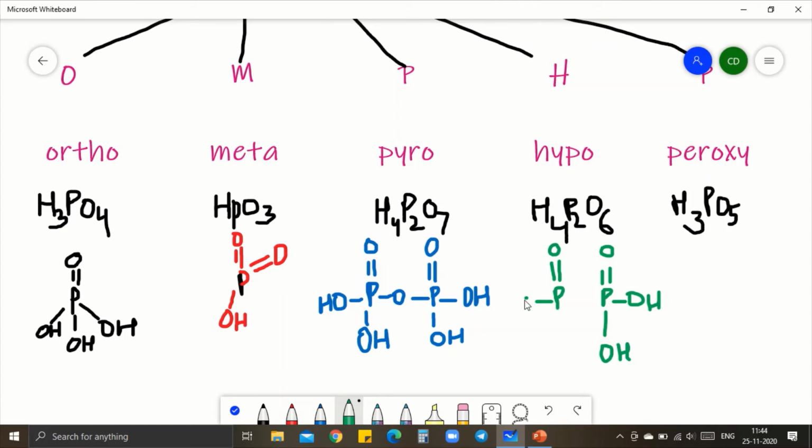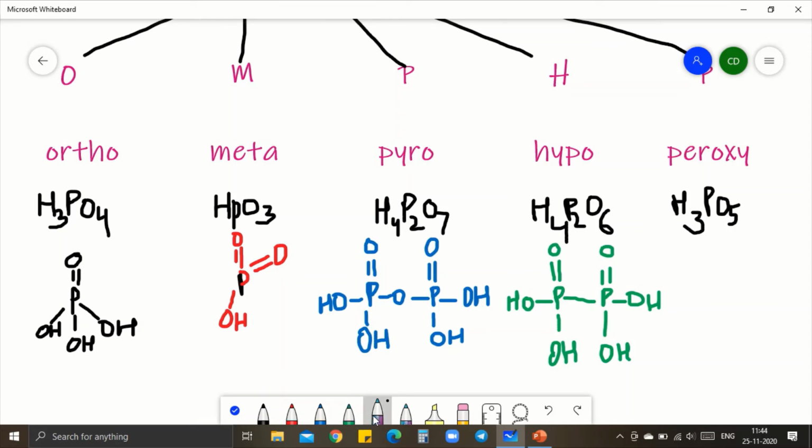For this phosphorus atom also, same like pyrophosphoric acid. So there are 6 oxygen atoms. So connect these to phosphorus.